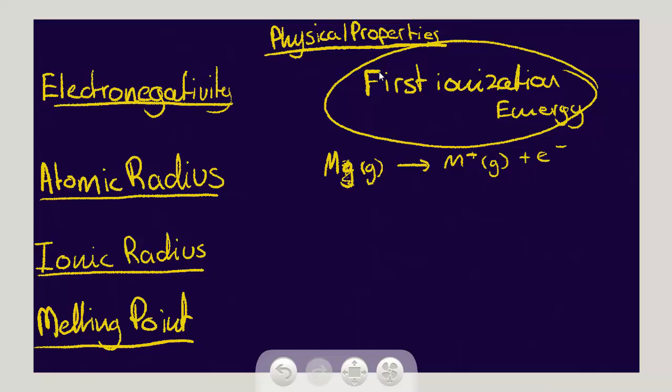So this is the first ionization energy, because it's been ionized to the first degree by removing a single electron from the original element in the gaseous state. So the amount of energy required to conduct this procedure is known as the first ionization energy.